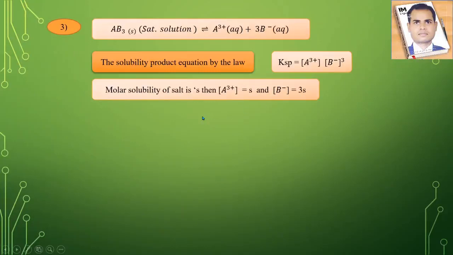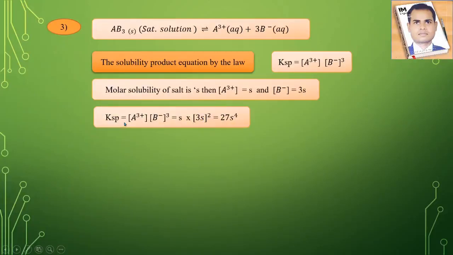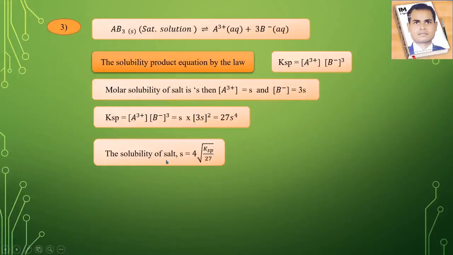In this way, you will get KSP equals in bracket A3 plus into in bracket B minus whole cube, equals S into in bracket 3S whole cube. When you calculate, you will get 27S raised to 4. In this way, you will see the solubility of salt for the third type of salt, AB3, is the fourth root of KSP divided by 27.